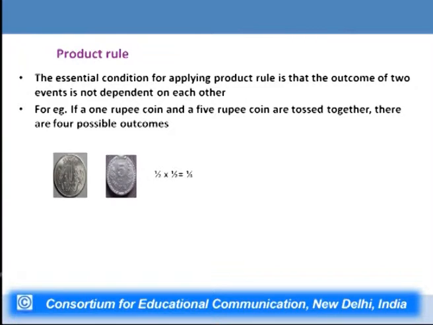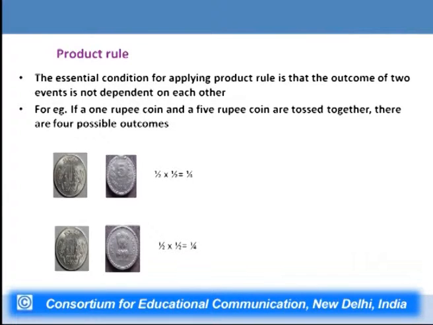So, the chance of getting 2 tails when we toss 2 coins is 1 out of 4. The second possible outcome is that the 1 rupee coin will get tail and the 5 rupee coin will get head. Again, since for getting head and for getting tail, the probability is 1 by 2 for both the events, the probability will again be 1 by 2 into 1 by 2, which will be 1 by 4.